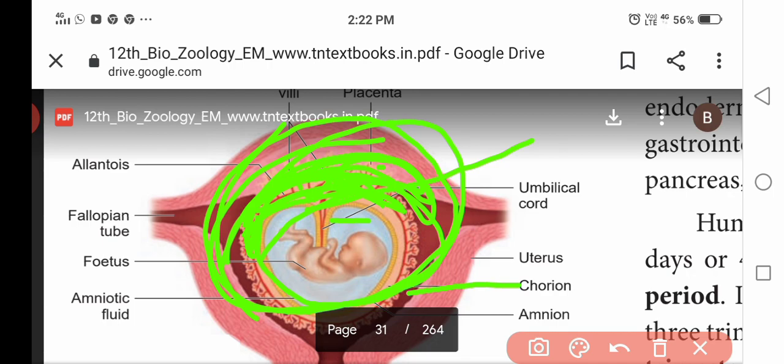The chorionic villi and uterine tissues form a disc-shaped structure called the placenta. The placenta is a temporary endocrine organ. Why? It is produced during pregnancy, and after delivery it is not used.